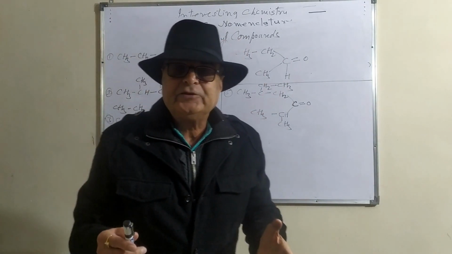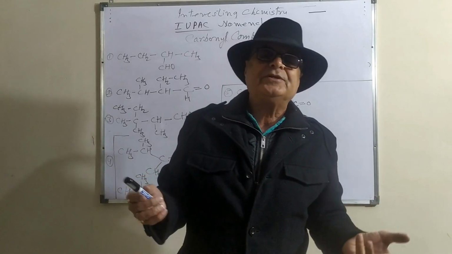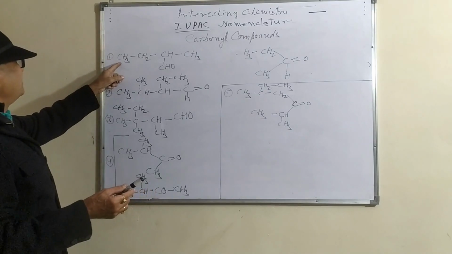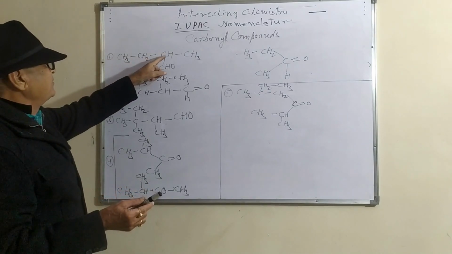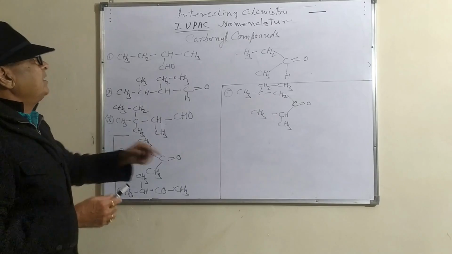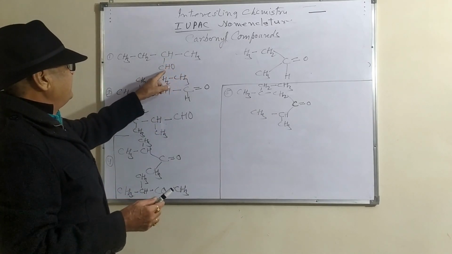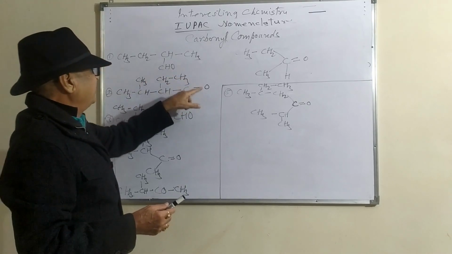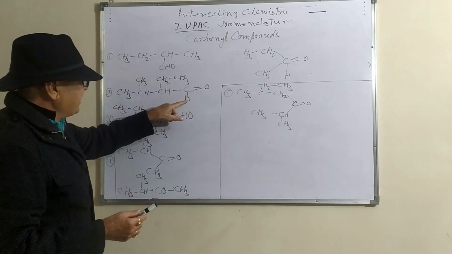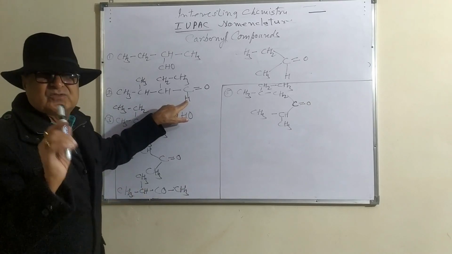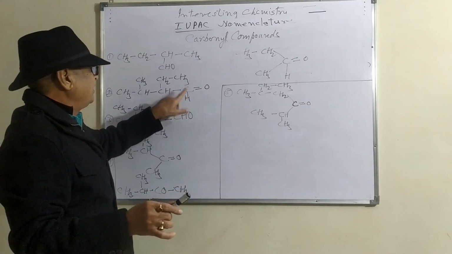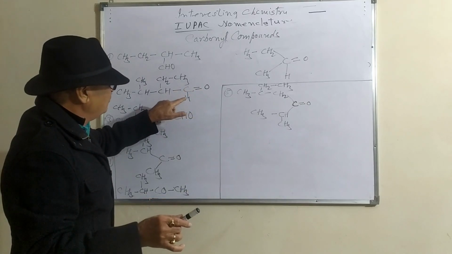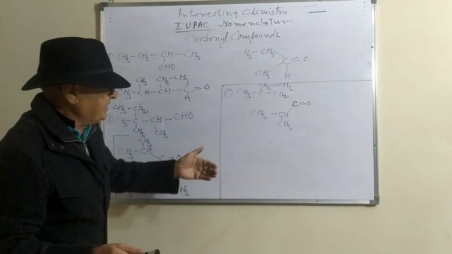Now I will tell you how to write the names of these compounds. So go to the first example. This is CH3, CH2, CH, CH3 and CH2. This aldehyde can be written with CHO and this one with CHO. When the carbon of the carbonyl group is attached with 1 hydrogen, then it is an aldehyde.